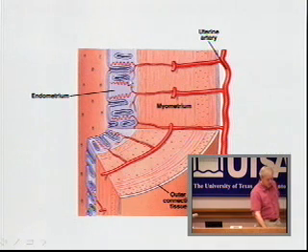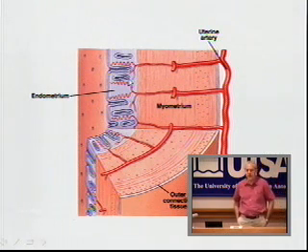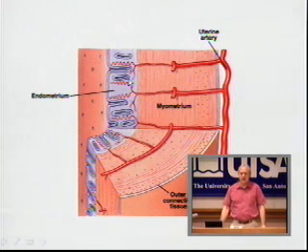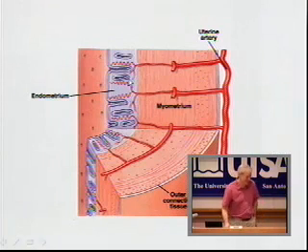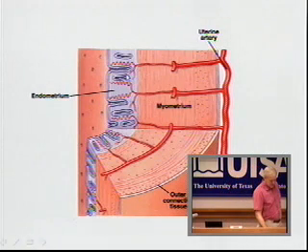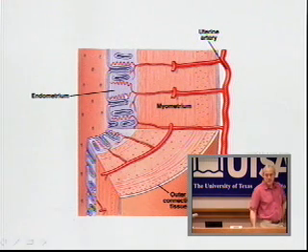What hormone triggers the secretion of these glands and promotes gestation? Progesterone. It also, of course, is going to contribute to the sustenance of the endometrial layer. If you block progesterone receptors, what happens to these cells in this layer?